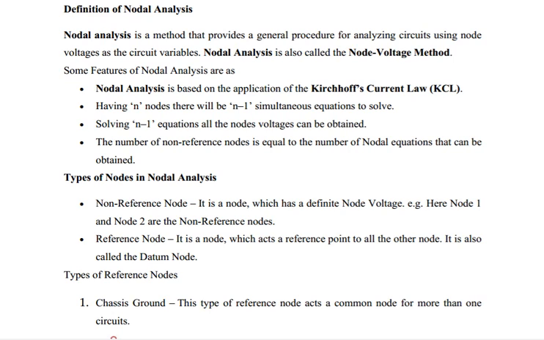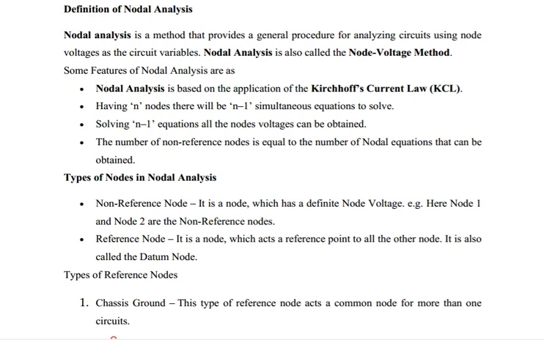Let us see some features of the nodal analysis technique. In nodal analysis, we have to apply KCL, that is Kirchhoff's current law. We have to find out how many nodes are there in the circuit, and suppose we have n number of nodes, then there will be n minus 1 simultaneous equations to solve.